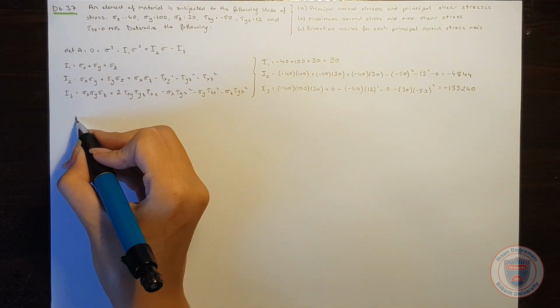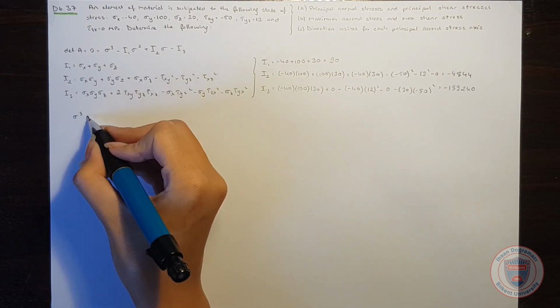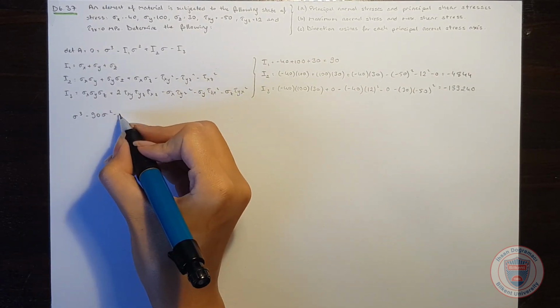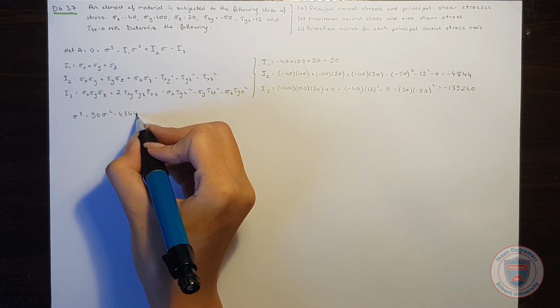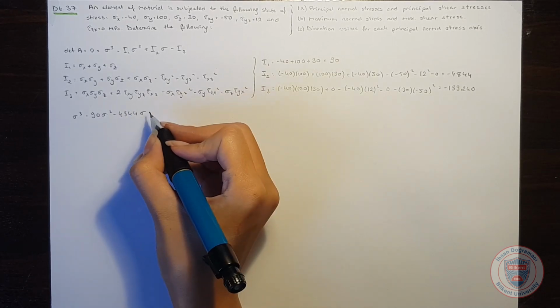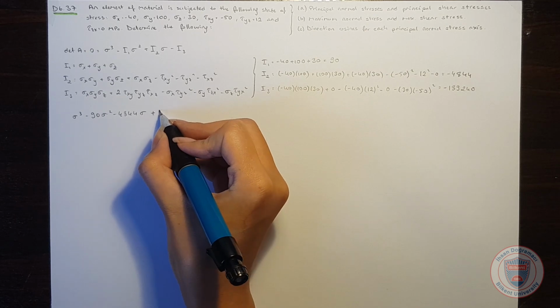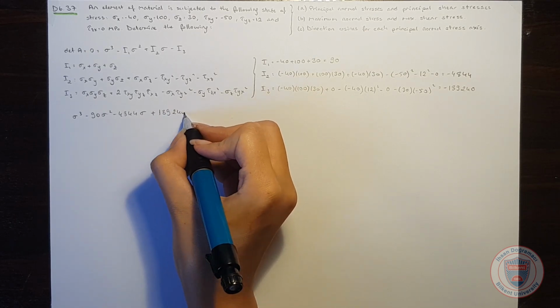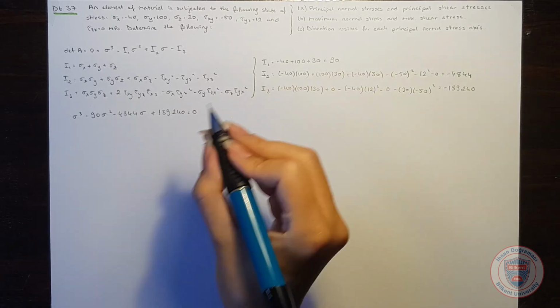So we will solve the equation sigma cube minus 90 sigma square minus 4,844 sigma plus 189,240 is equal to 0.